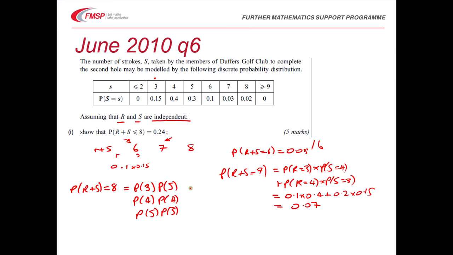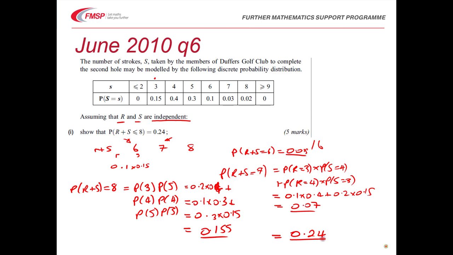So if we work these out, that's going to be 0.2 times 0.8, plus 0.1 times 0.3, plus 0.3 times 0.15. And again, we would add all of those together, so 0.155. So these are all of the probabilities of being less than or equal to 8. So what we need to do now is to add all of those together, which is going to give me 0.24. And again, because it's a show that question, I do need to see the following piece of information.